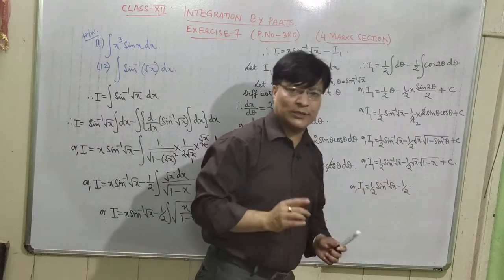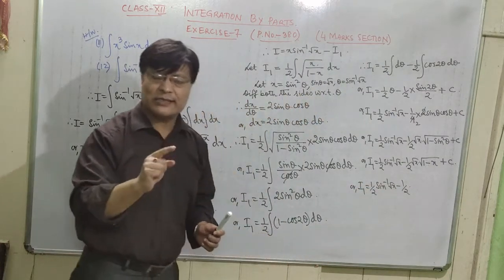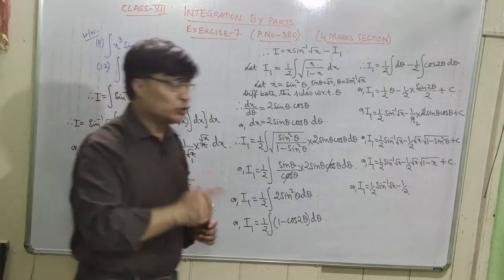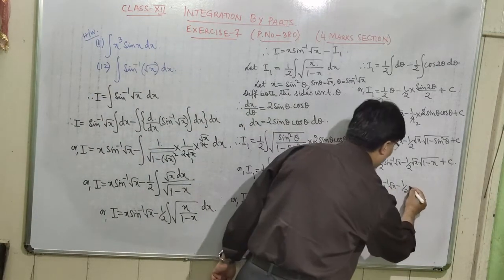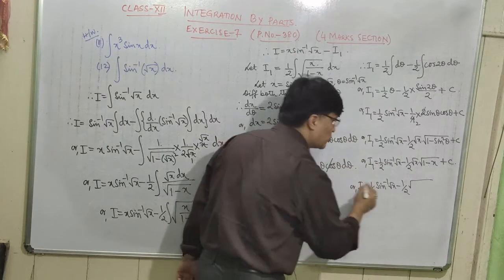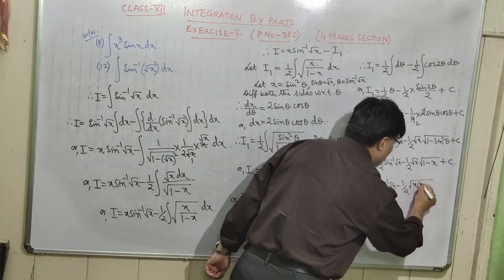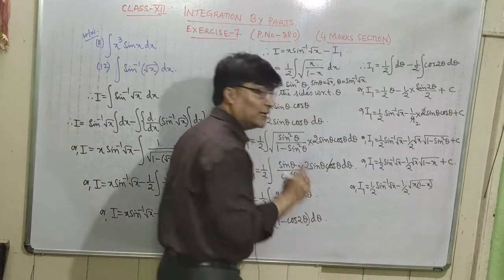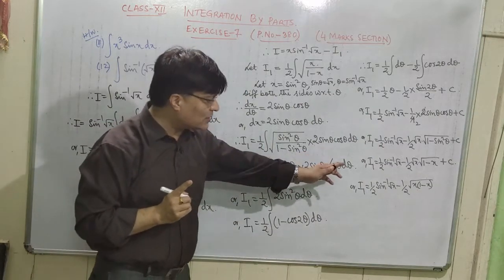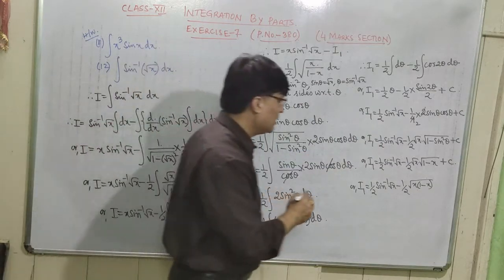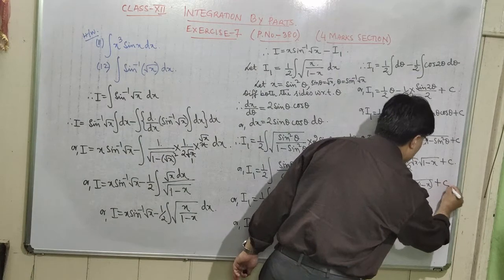Both these expressions, x and 1 minus x, are under the square root. So you can write within the square root the product of x and 1 minus x. That is, within the square root we have x into 1 minus x. Okay, then you can write plus c.